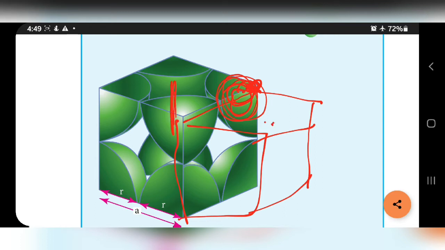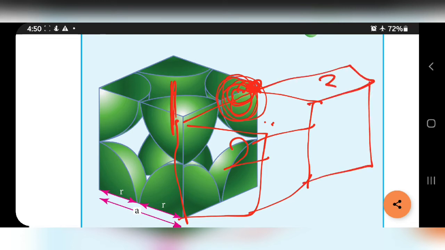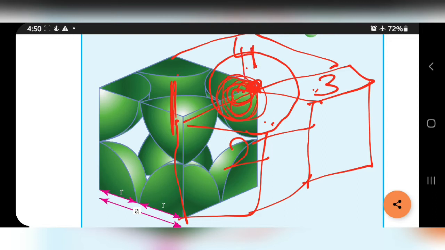So this is the first unit cell and this is the second unit cell. If here one unit cell is there, that is the third unit cell, because this atom is shared by this unit cell also. And if we place here one unit cell, this atom is shared by this unit cell also. This is the fourth unit cell. So 1, 2, 3, 4. In this plane, this atom is shared by 4 unit cells.